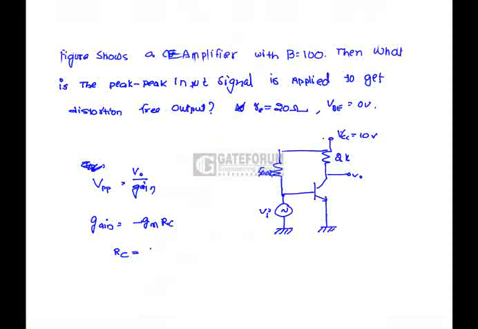Here RC is 2k. Here gm is alpha by RE, and alpha is beta by beta plus 1.